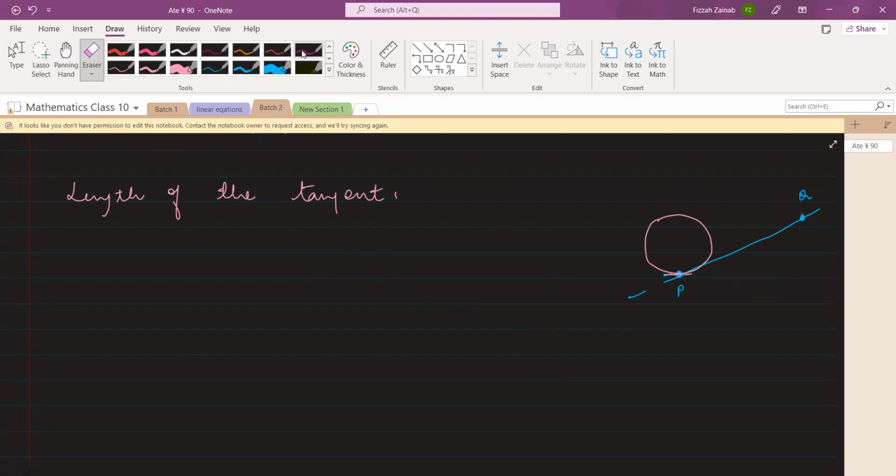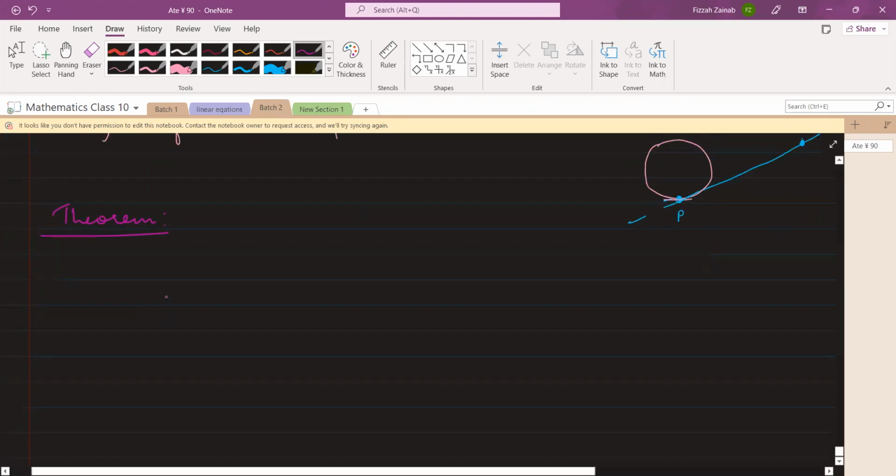So there's a theorem about the length of the circle tangent now. You write it. Many times it has come in the exam, so it can come.